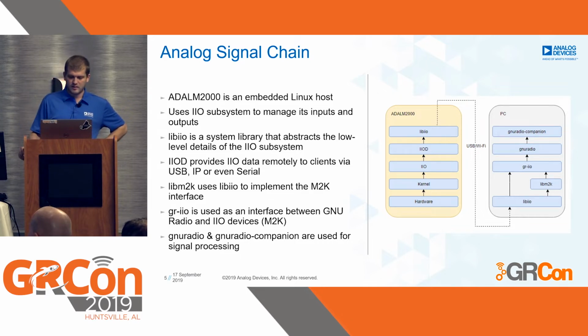On the other side of things, once the data reaches the host computer, you can use libIIO to get the data. And from this point, you can do pretty much anything that you want with the data. In our case, we use the libm2k, then GNU Radio GPIO, and eventually GNU Radio to do some of the signal processing.